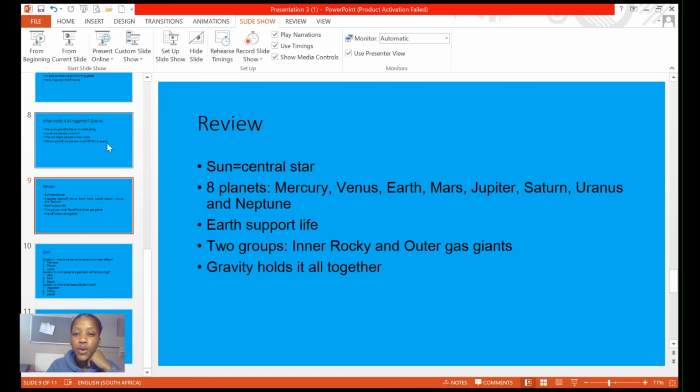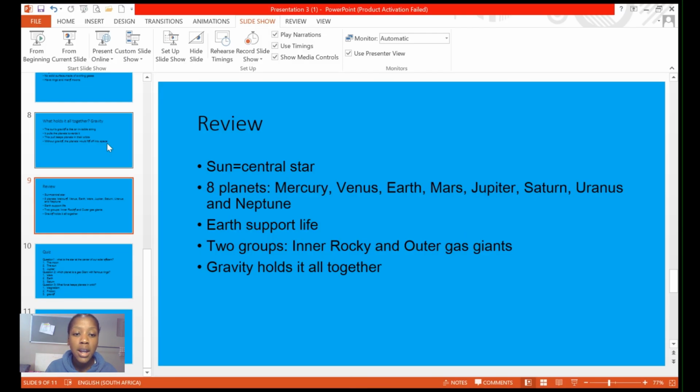Let's quickly review what we have learned in today's lesson. Today we learned that the sun is the central star of the solar system. We also learned that there are eight planets: Mercury, Venus, Earth, Mars, Jupiter, Saturn, Uranus, and Neptune. We learned that the Earth we live on supports life.